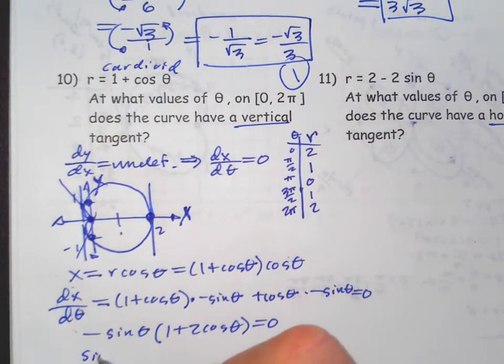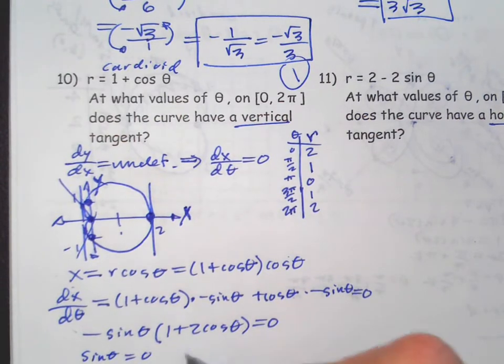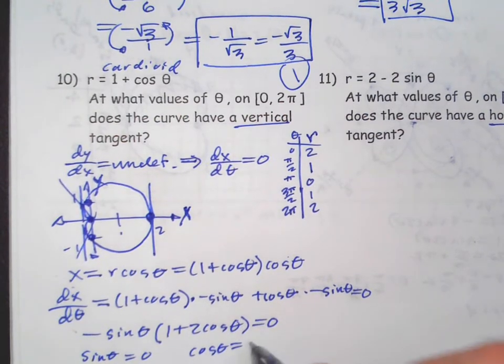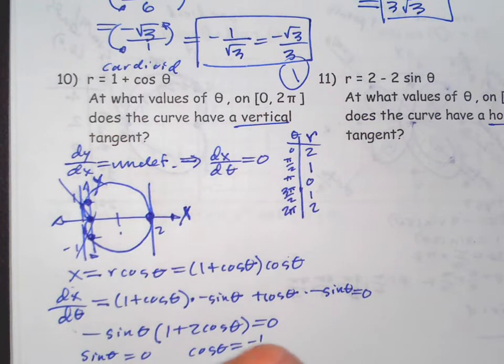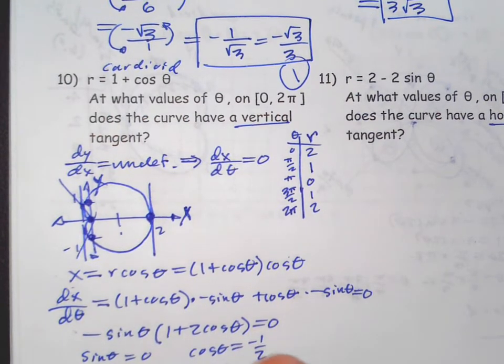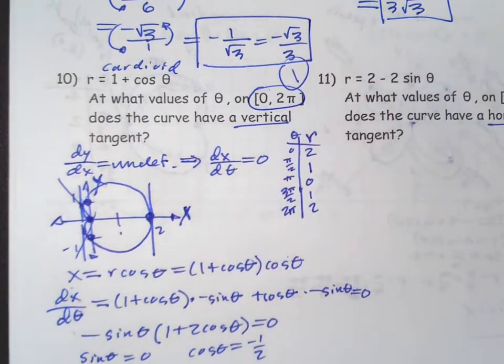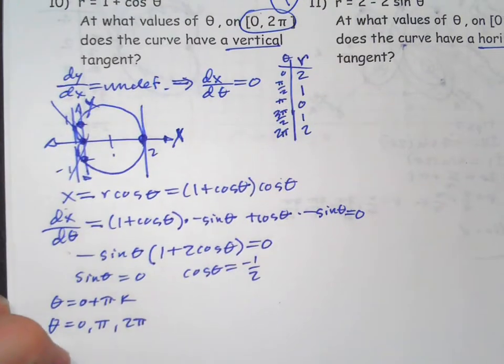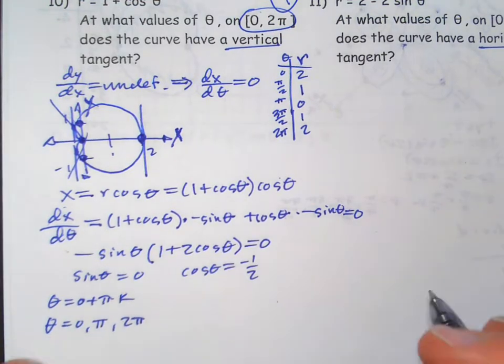So sine θ equals 0 and cosine θ equals negative 1/2. So θ equals 0 plus πk, so θ equals 0, π, 2π. And we're looking for all the answers from 0 to 2π, so even if it happens at multiple places or at the same place at different angles, we need to list them all.